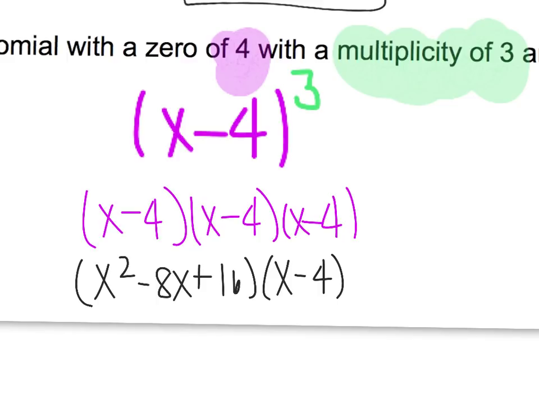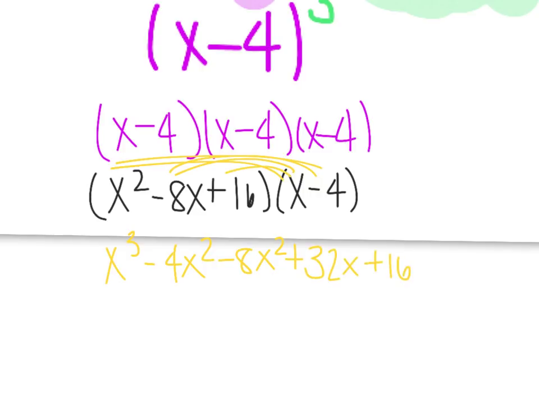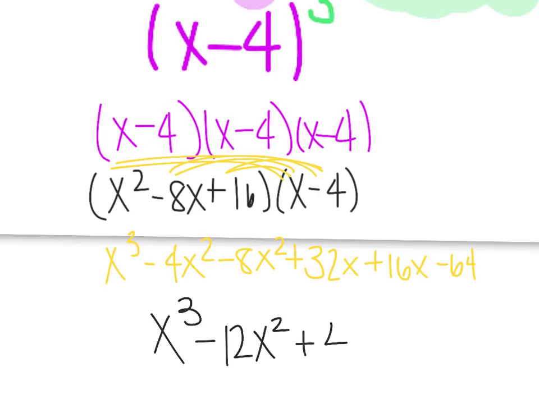If you don't know where I'm getting this stuff from, actually work it out and make sure you get the same thing I do. And then x^2 times x would be x^3 - 4x^2 - 8x^2 + 32x + 16x - 64, and I'm just combining like terms, so I would end up with a polynomial of x^3 - 12x^2 + 48x - 64.